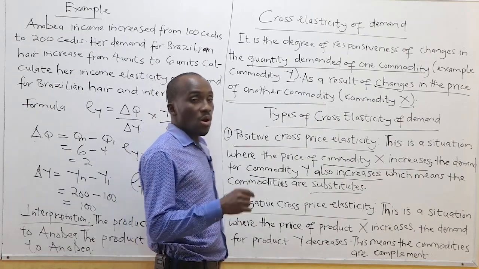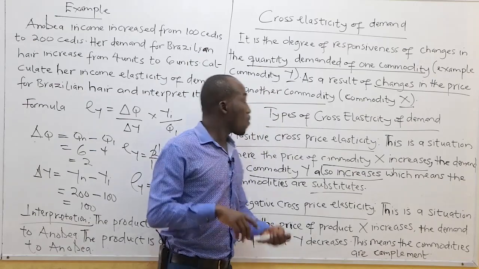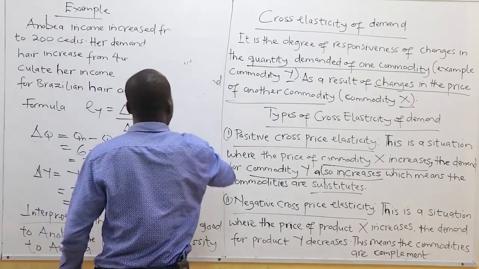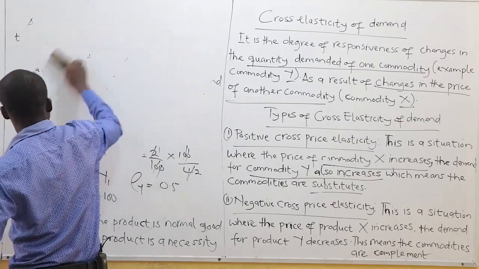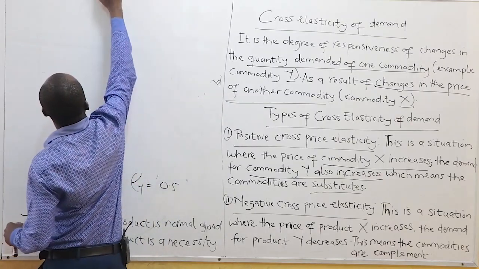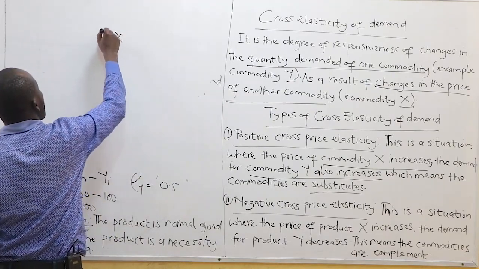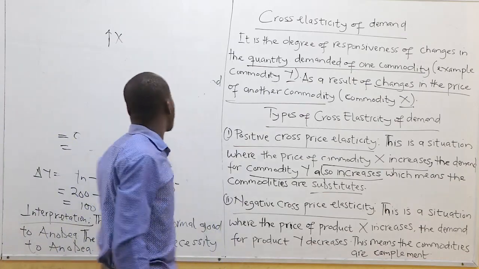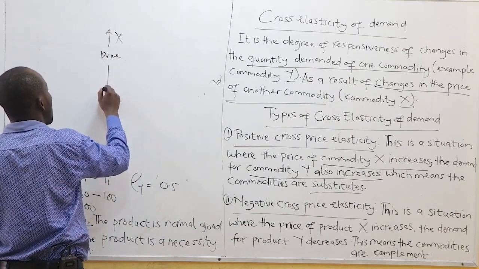So here, what do you see? When the price of commodity X increases, if the price increases, it means that people will not buy more of commodity X. So if the price increases, demand falls.